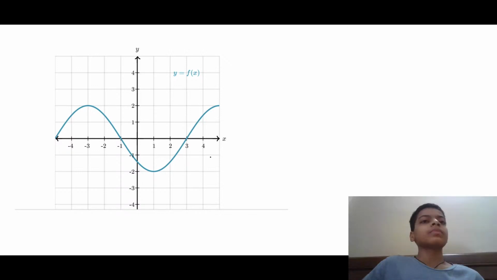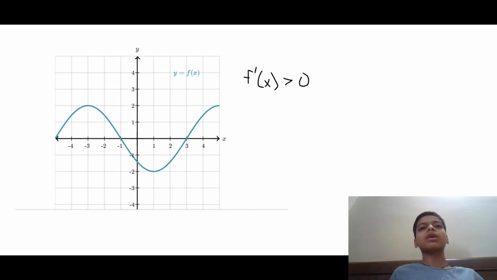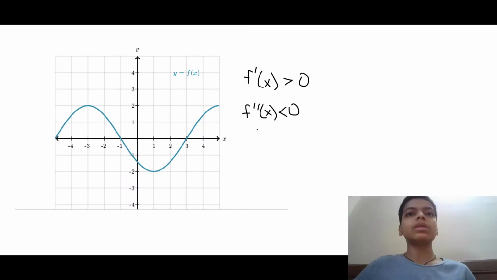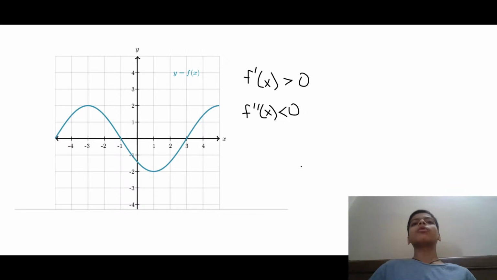Let's solve this then. We have f prime of x greater than 0, so we are increasing, and f prime prime of x is less than 0, so the slope is decreasing. Let's see Khan Academy. f prime of x is greater than 0 and f prime prime is less than 0. Okay.